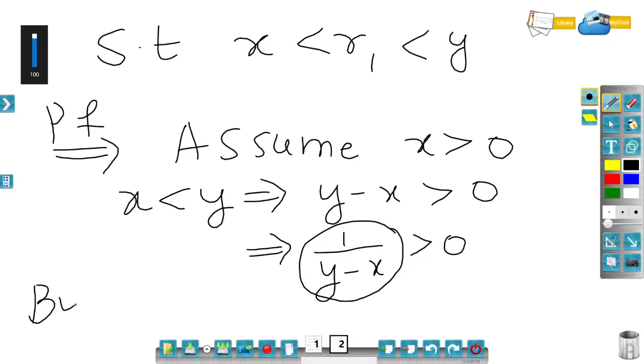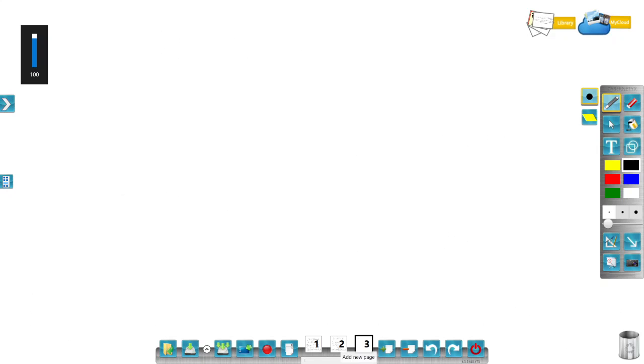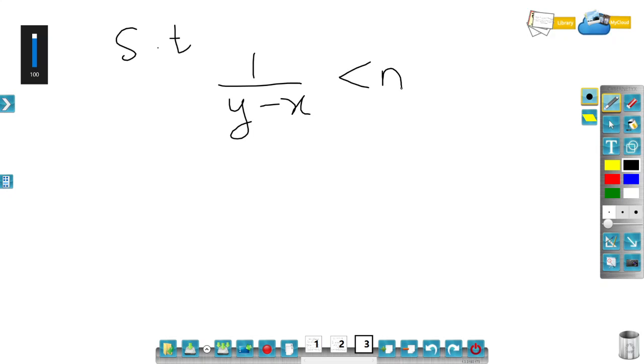So by Archimedean property, there exists a natural number, say n, such that 1 upon y minus x is strictly less than n.